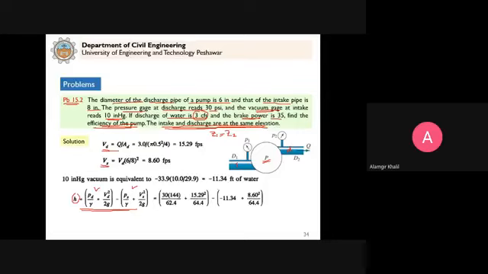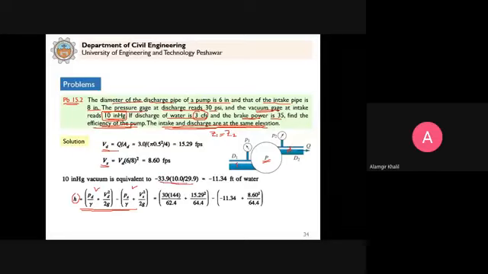Now, since the liquid used is water and the pump is adding energy to the liquid, we need to convert this pressure head, which is given in terms of mercury, into water. You can use this relationship here.